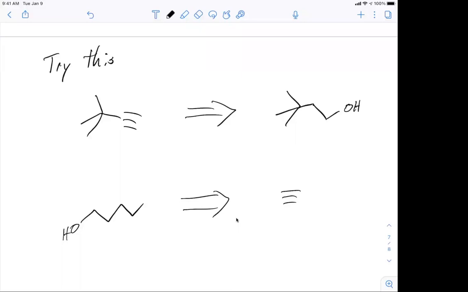Okay, let's take a minute, go through those two questions. And then once you've answered those, start thinking about how can I do this transformation? And again, retrosynthesis, this is my target. This is where I want to get to. This is my starting material.